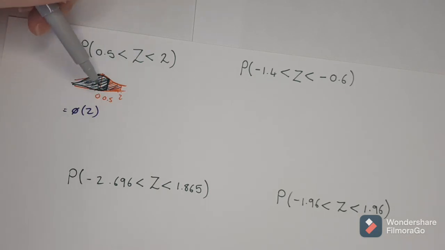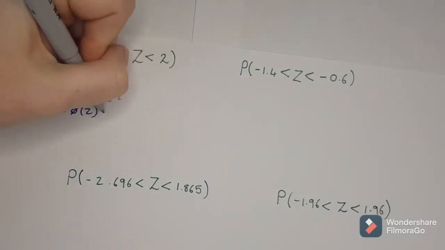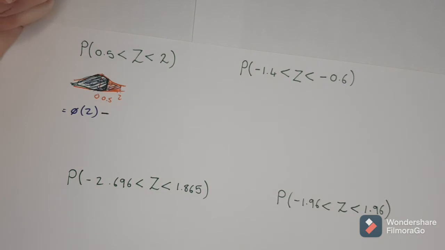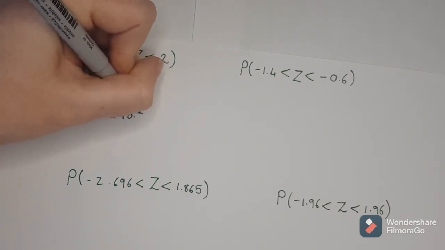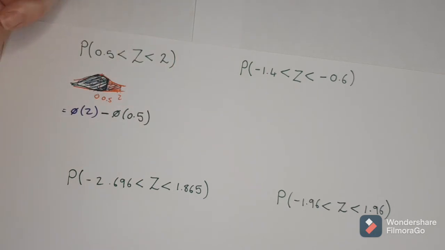So if I minus that area from the total area of the space, all I'm left with is the area I want. So I can say that I'm going to take my 2 from the table and I'm going to minus my value that I look up for 0.5. And that will give me just this area that I want.